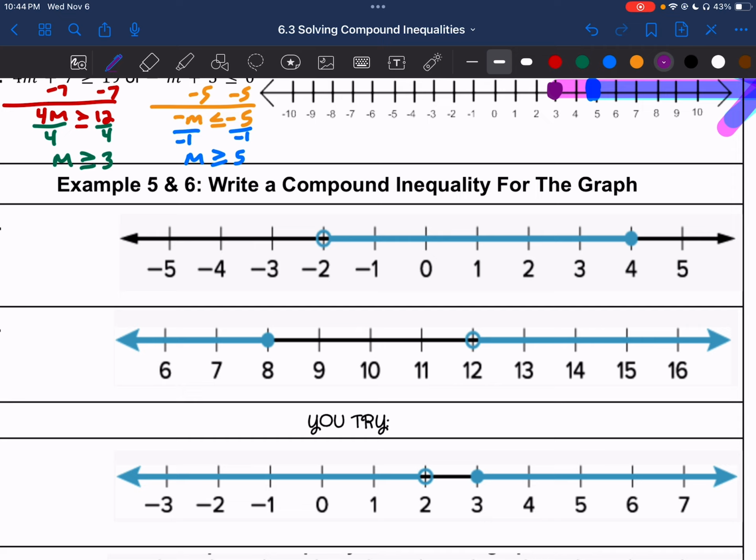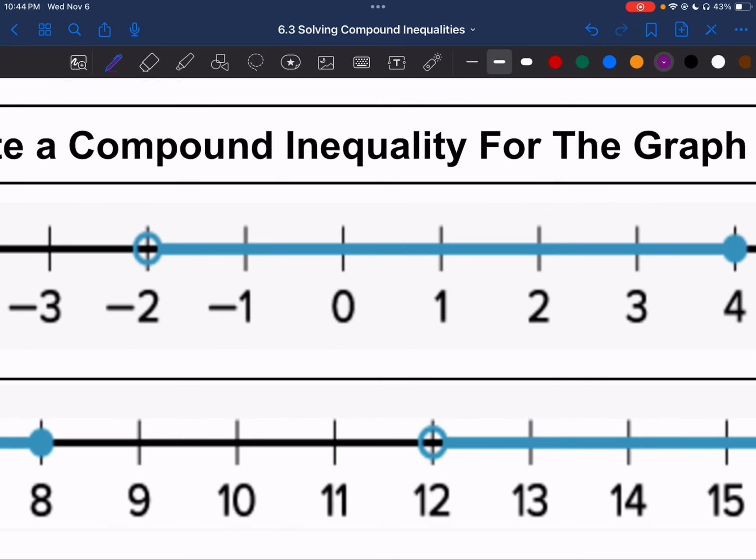We're going to have our lower limit, negative 2, and our upper limit, 4. Negative 2 is going to be less than the variable because it's an open dot. The variable is less than or equal to 4 because it's a closed dot. And we put our variable in the middle. That's all we need to do for that one.